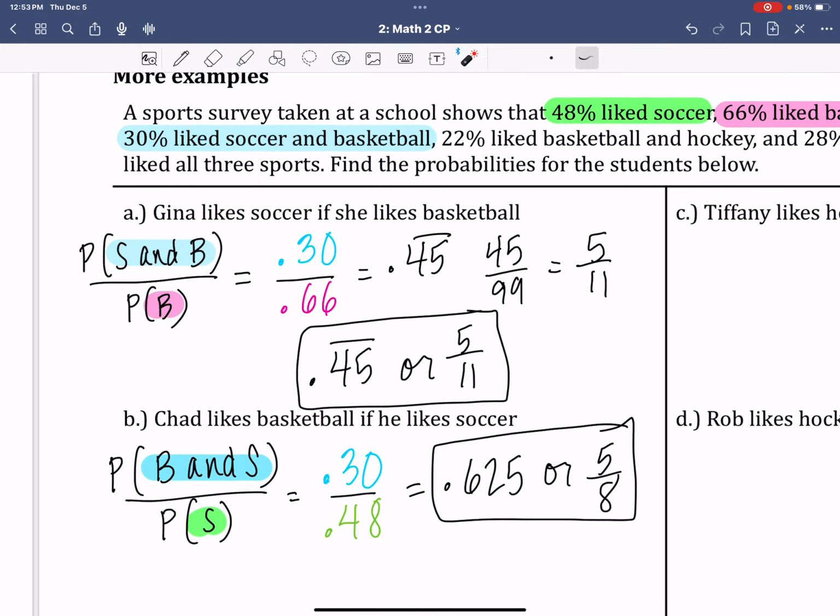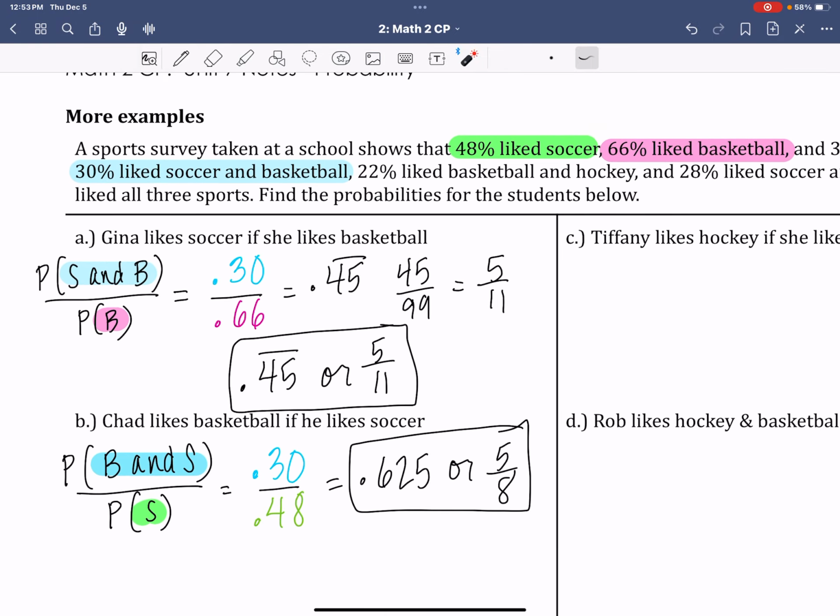Let's look at this first one. It wants to know the probability that Gina likes soccer if she likes basketball. So you're looking for the probability of soccer and basketball, and that is shown right here because it says both.